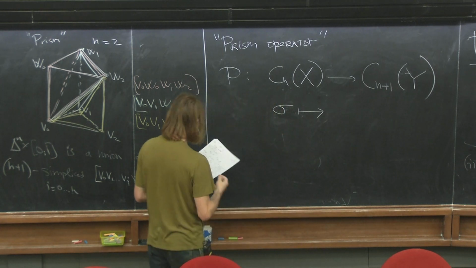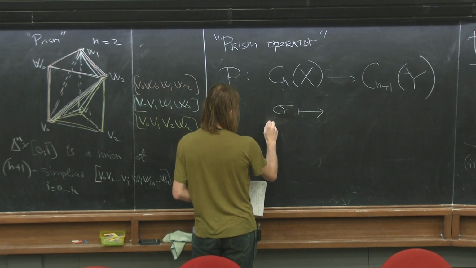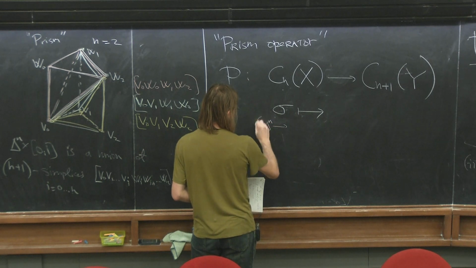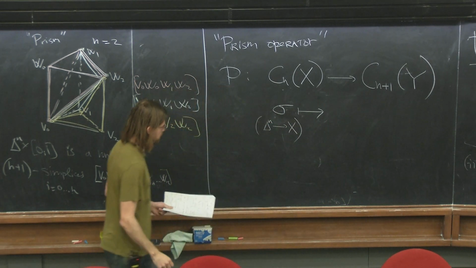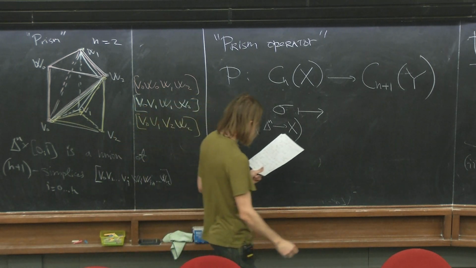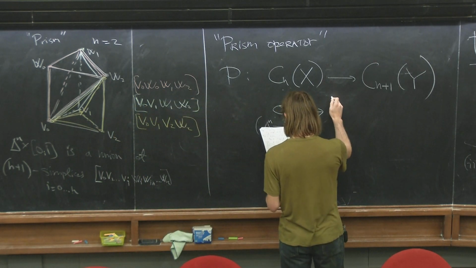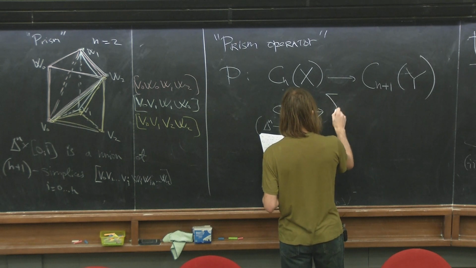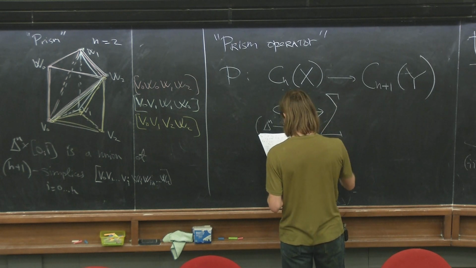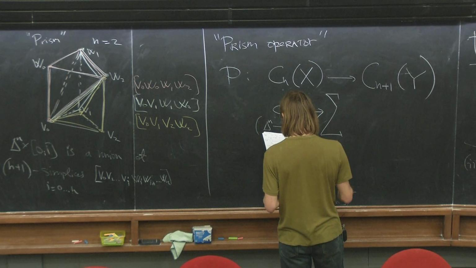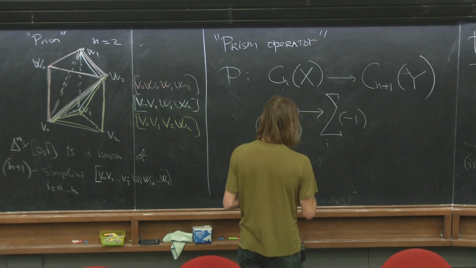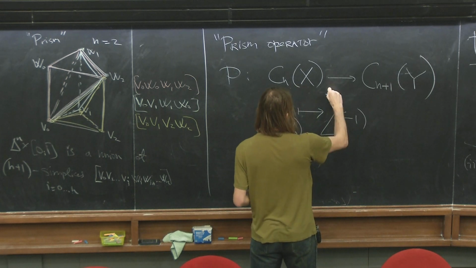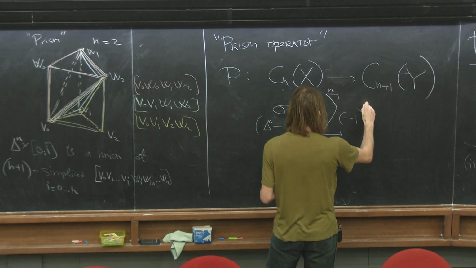Okay, and so this generator here is again a map from delta n to X, and the result is given by the following kind of heavy formula. So there will be the sum over i from 0 to n of minus 1 to the i.